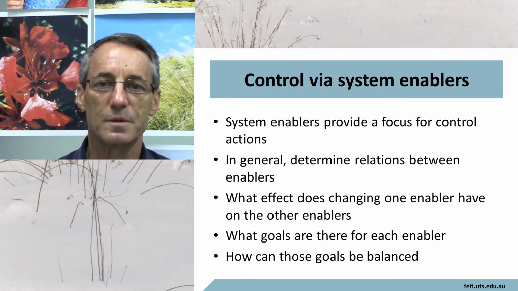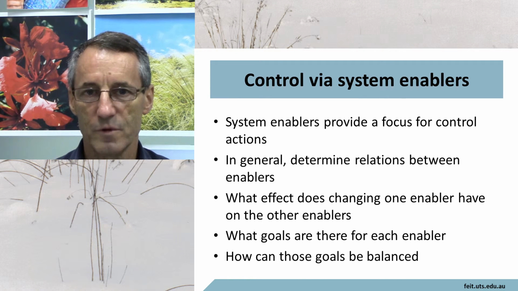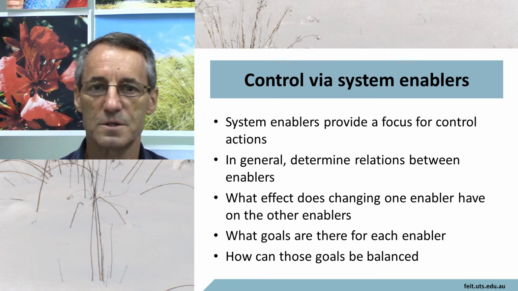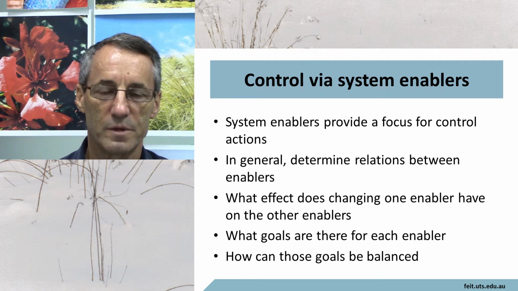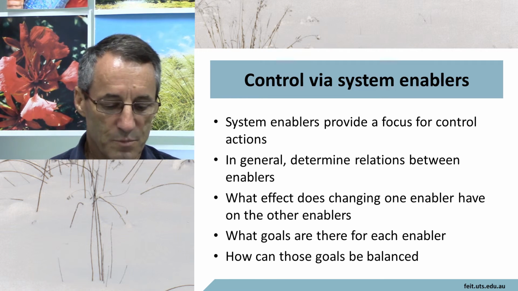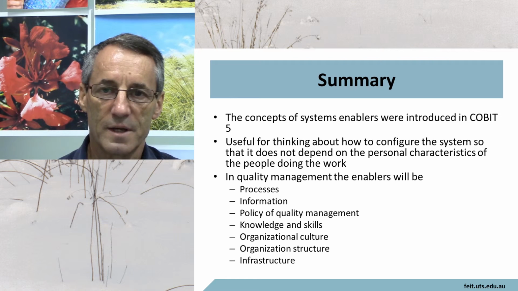So, for example, there's not much point in trying to improve the processes beyond the level at which the information would support them, or trying to improve them contrary to what the organization's belief systems, what the organization culture will cope with. So that is a brief introduction to system enablers.